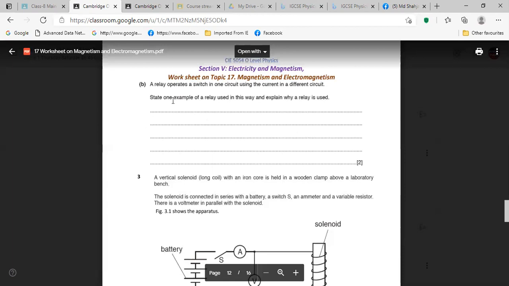Okay, so you write here example first. Though they wanted one example, I will give you two examples for your learning. So number one, nuclear power plant.